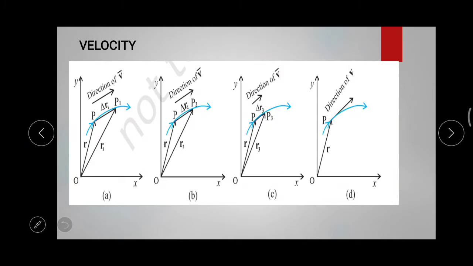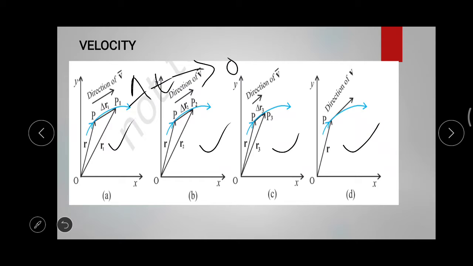So it is represented clearly in this diagram. The first one, the delta r1 value, is larger compared to the next two. So delta t is tending to 0. This one is larger, getting smaller, getting smaller again, and it becomes 0.